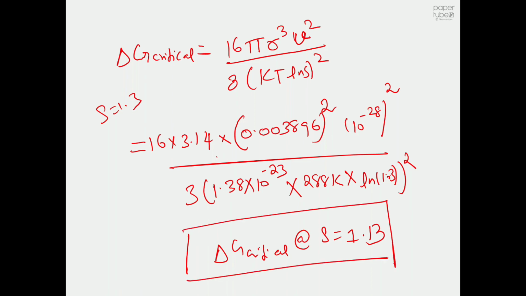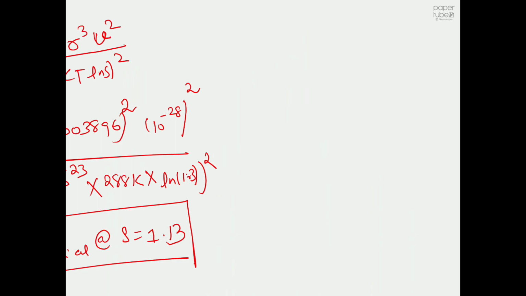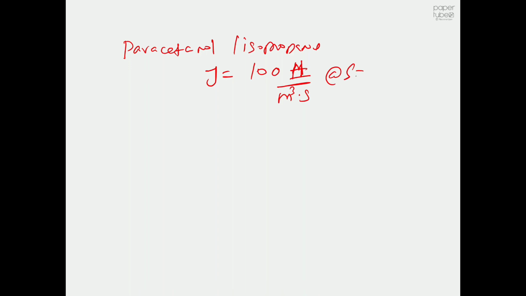So I hope you all follow up to this point. I think that's it, we finished the problem. Why I showed this experiment is that normally in your textbook, they have a problem saying somebody crystallized paracetamol in some solvent, say isopropanol, and the nucleation rate is something like 100 numbers per meter cube per second at a supersaturation of 1.1.